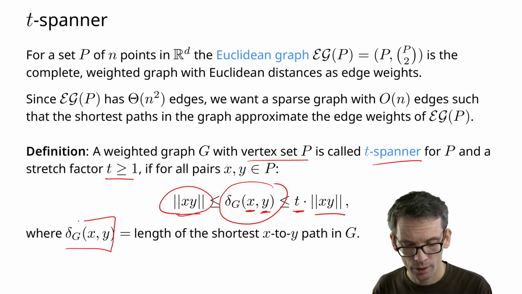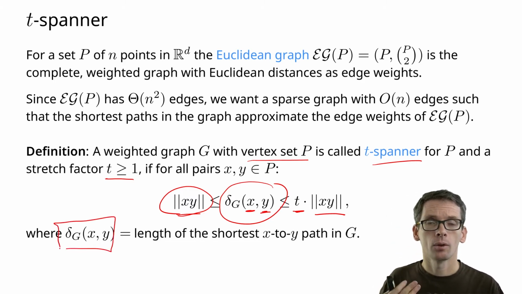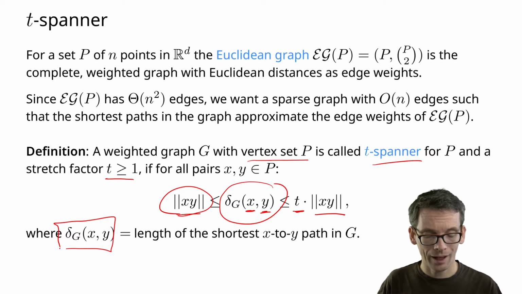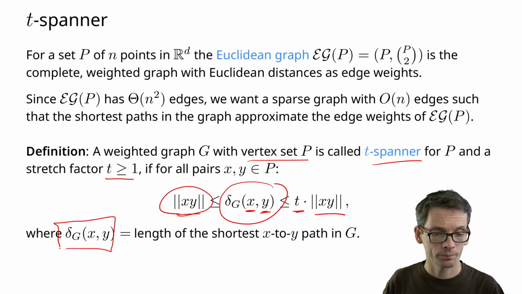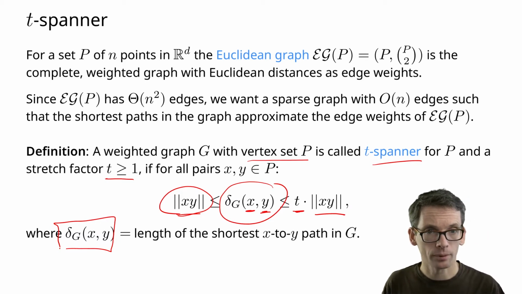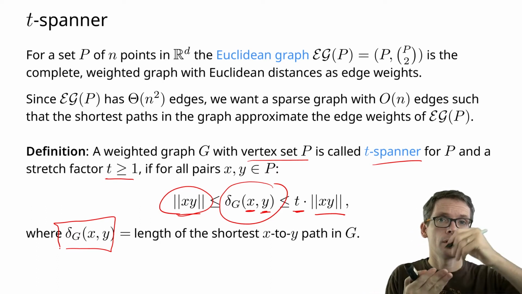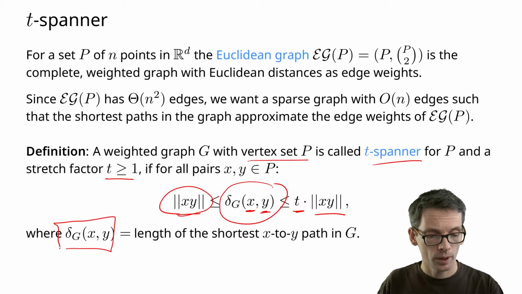And once more here, delta G in this case refers to the length of the shortest path from X to Y in G. So that is a T-spanner. So for every pair of points, the distance in the graph should be at most t times the Euclidean distance.